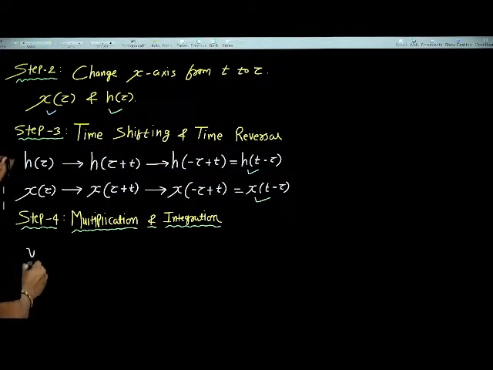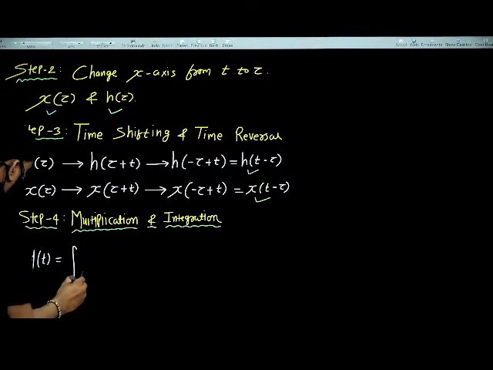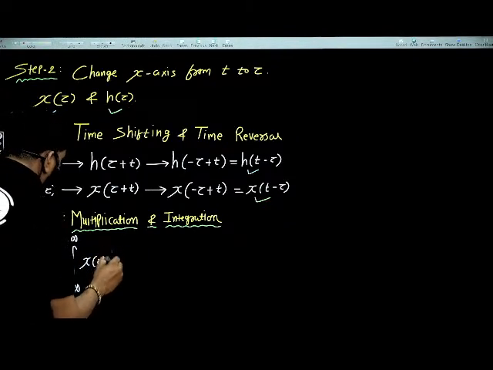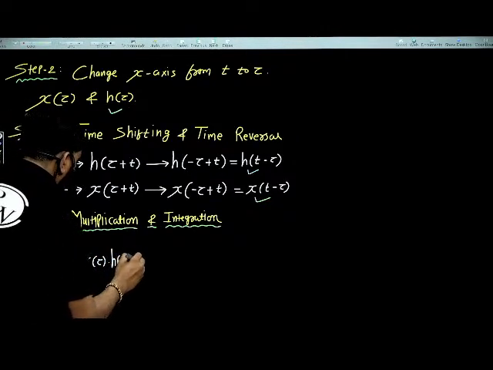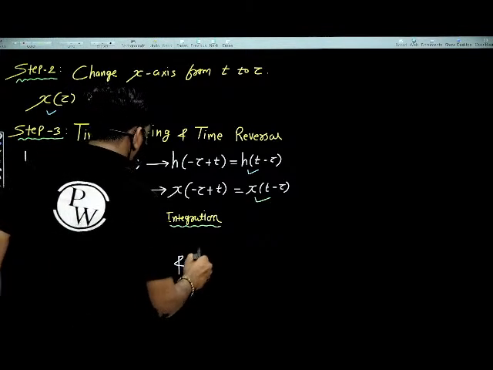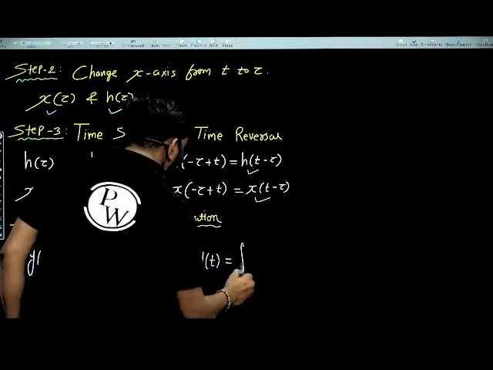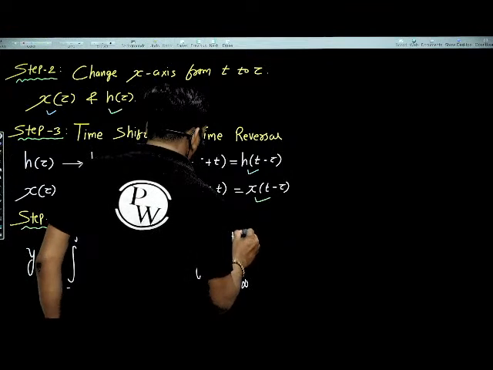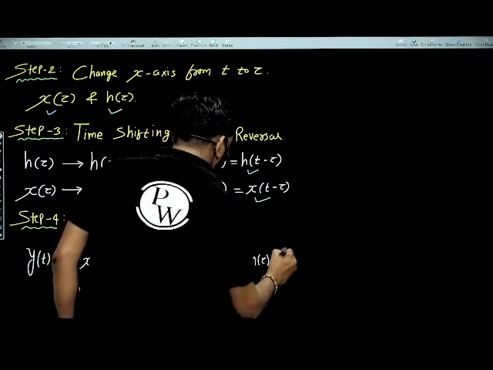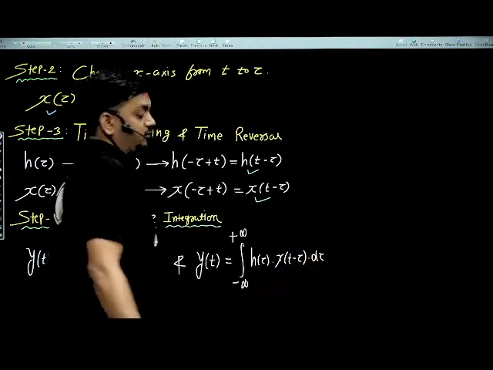So finally y of t, if you use the first formula, is the integration from minus infinity to plus infinity of x of tau into h of t minus tau d tau, and if you use the second formula, then y of t is equal to the integration from minus infinity to plus infinity of h of tau into x of t minus tau d tau.